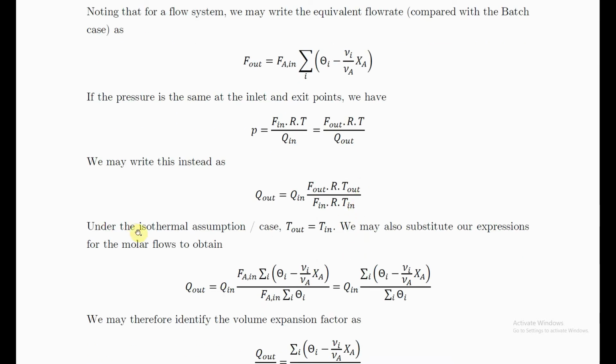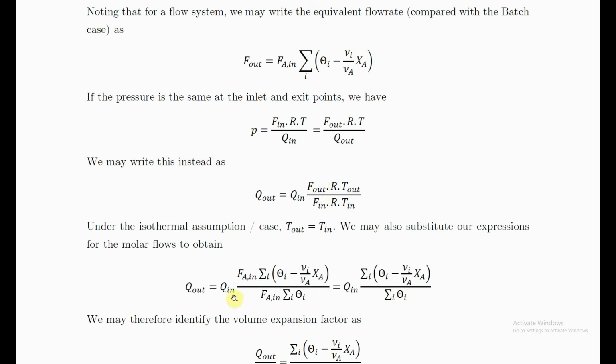Now, we did also say that we are using the isothermal assumption for now, and we would later on generalize and relax that assumption. So for now, isothermal operation means T out equals T in. So those two can cancel. Then, of course, the universal gas constant can also cancel, leaving us just with the ratio of F out over F in.